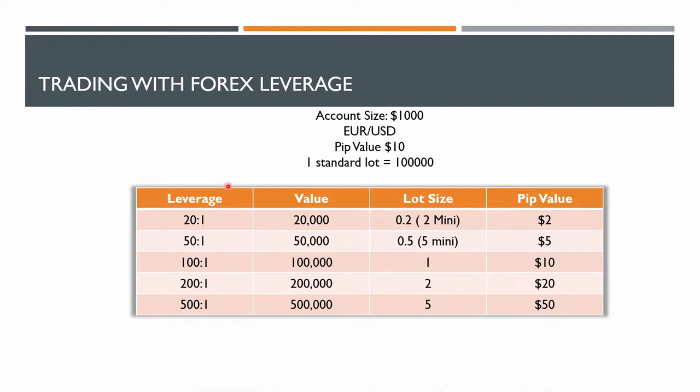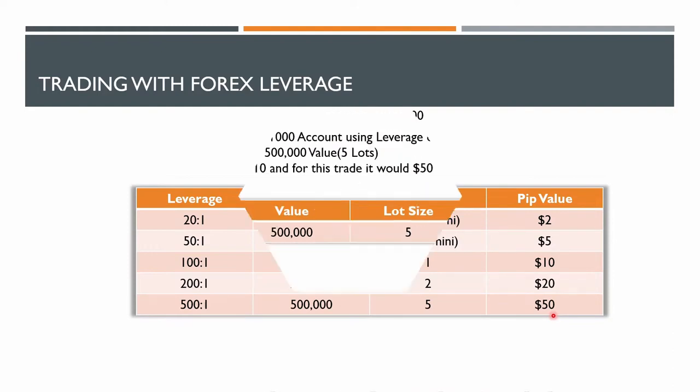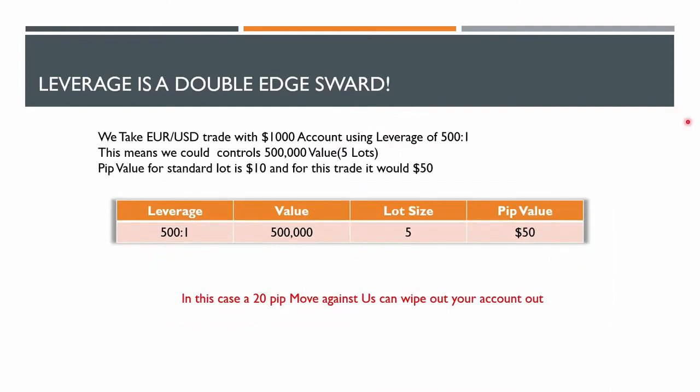As you can see from this chart, as we increase the leverage amount, our risk and reward also increase. That's why I said earlier, leverage could be a dual-edged sword. So let's take a look at why it could be a dual-edged sword.